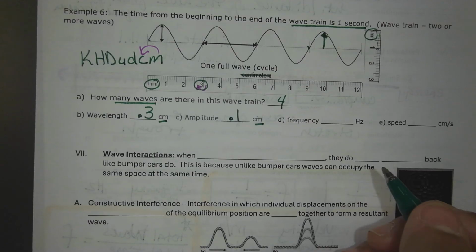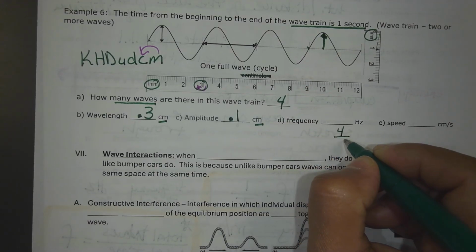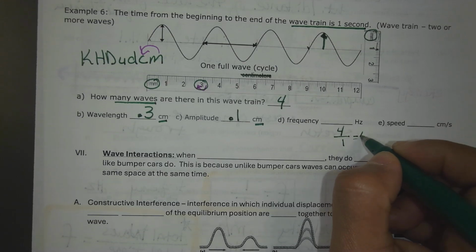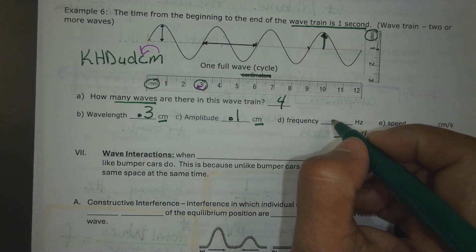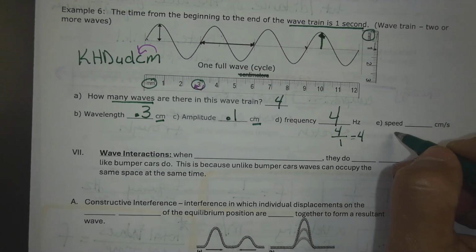Frequency. Calculate it. 4 divided by 1 equals 4. 4 hertz. Speed.